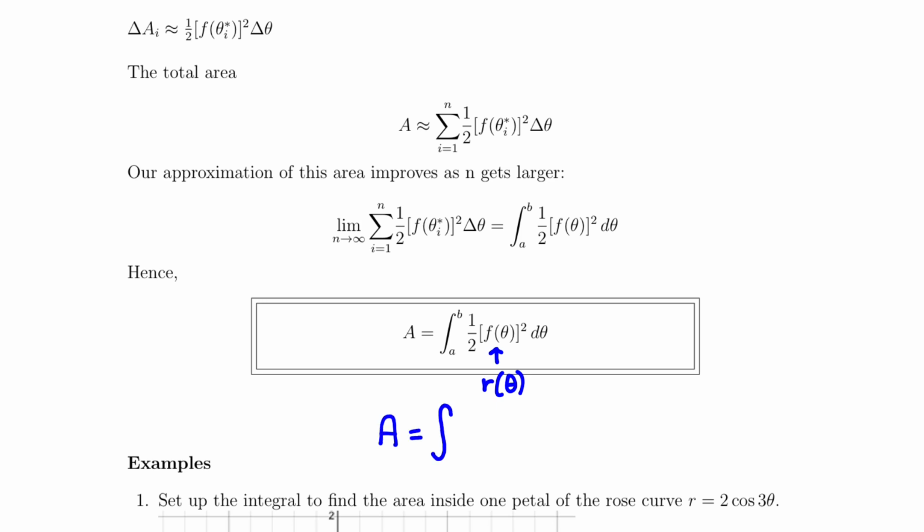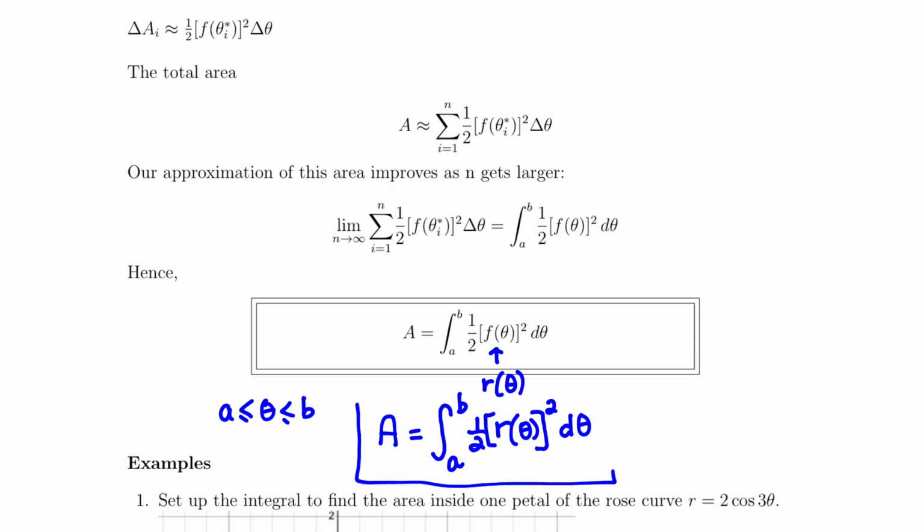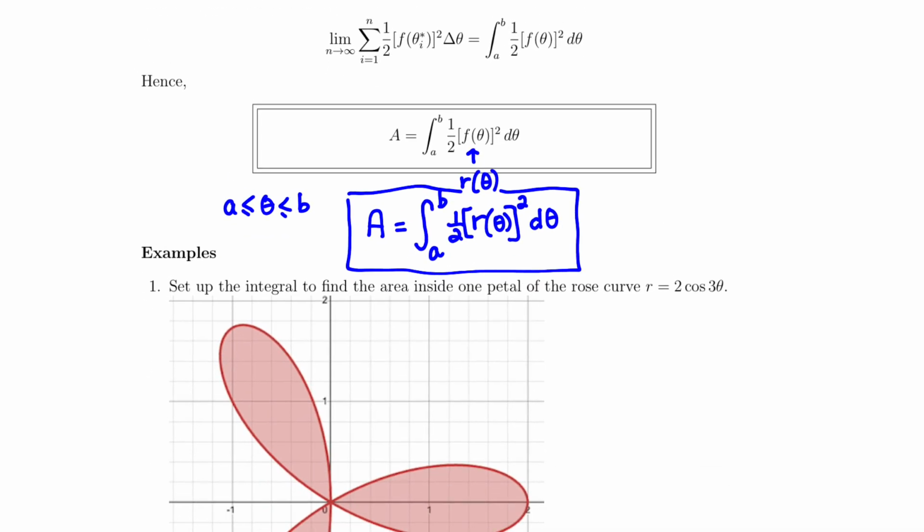The area of a polar curve where theta ranges from A to B is 1/2, no pi because that canceled, sorry, 1/2 r squared d theta. That's the formula you want to have in mind to find the area between a polar curve and the pole.